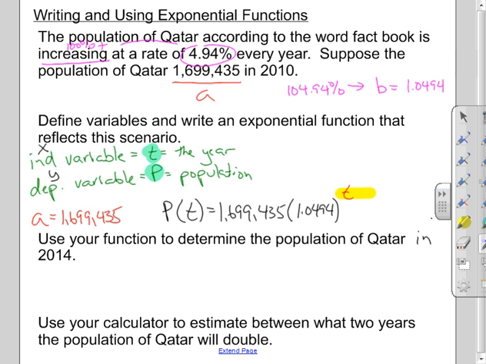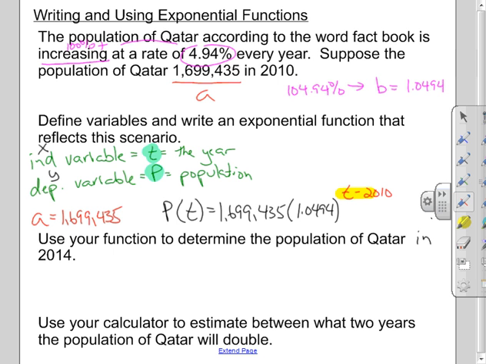Well, that would preclude me from saying something like 2014 here, because if I put that there, in the year 2014, we've not had 2014 changes. That's just not correct. In the year 2014, we've had 4 changes. So what I need to do here is actually make my exponent reflect this phenomenon of it being equivalent to the number of changes. I'll write t minus 2010, which is the year the study was taken.